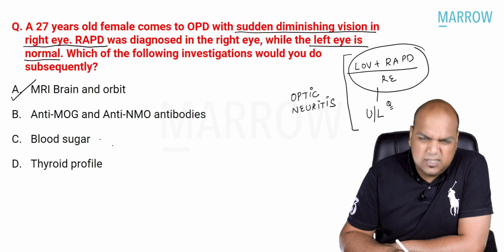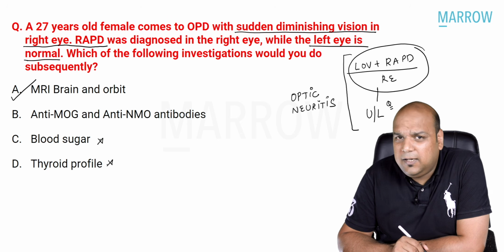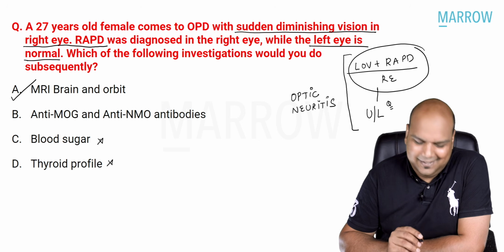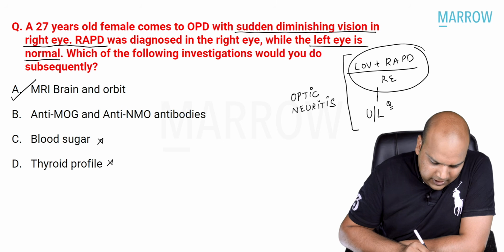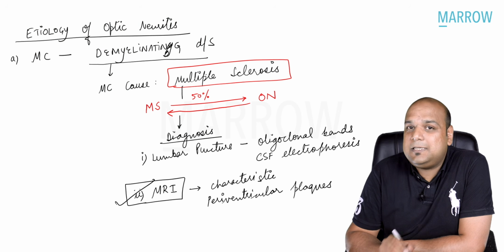Blood sugar, does it have anything to do with optic neuritis? I don't think so. Thyroid profile, I don't think so. But what are these anti-MOG and anti-NMO antibodies? Let us see that, everybody. When we are talking about demyelinating diseases, we know that the most common cause is multiple sclerosis.